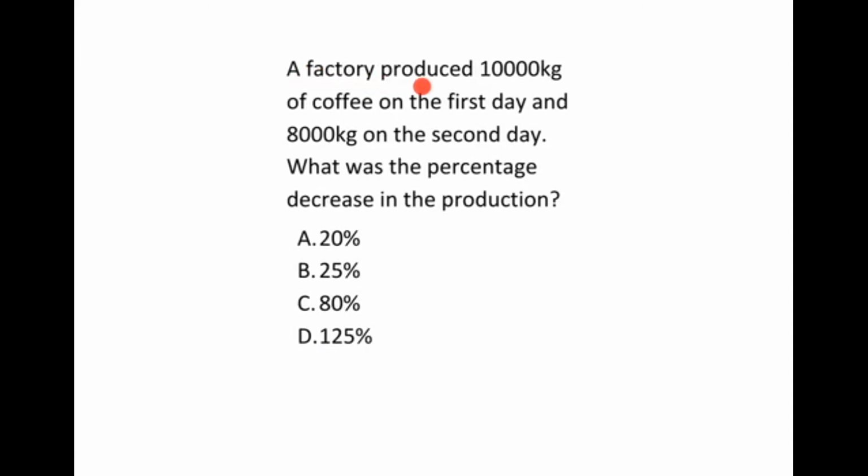A factory produced 10,000 kilograms of coffee on the first day and 8,000 kilograms on the second day. What was the percentage decrease in the production? We are told that in this question, the factory produced 10,000 kilograms of coffee on the first day and 8,000 kilograms on the second day.